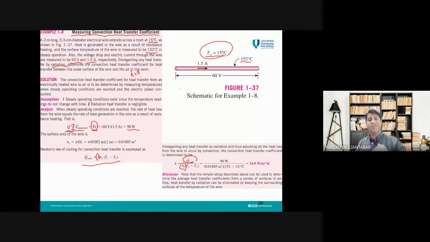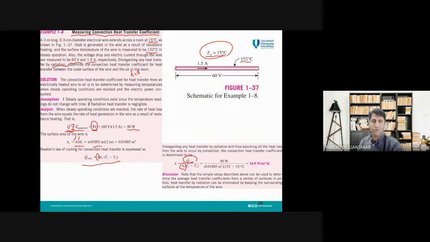We assume that the heat transfer over the whole surface of this wire is constant, or steady. So we need to calculate the whole surface of this solid, which is actually a cylinder. The surface of a cylinder can be calculated by this equation, pi D L. D is the diameter of this wire, which is 0.3 centimeter, and the length of the wire is 2 meters.